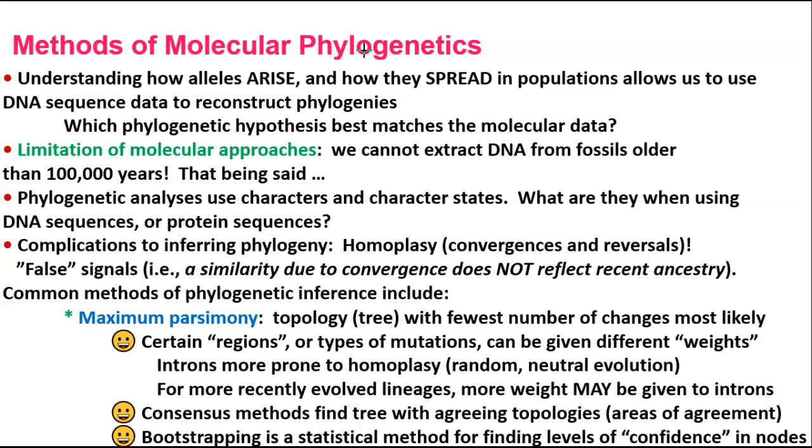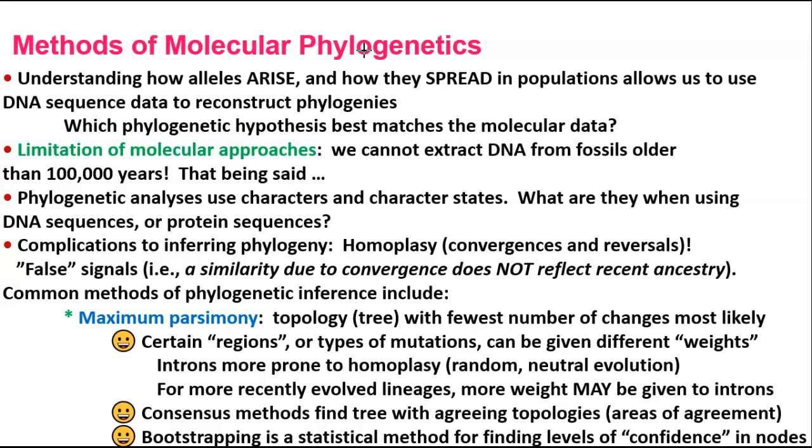So these are topics that were just reviewed in the first part of this chapter. So now we're moving forward and we're looking at some of the methods of molecular phylogenetics. How do we use molecular data to come up with evolutionary trees, phylogenetic hypotheses?